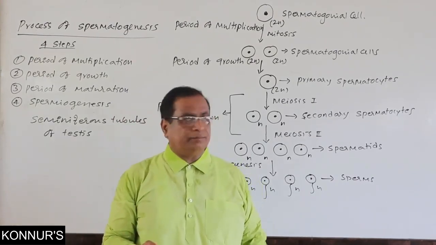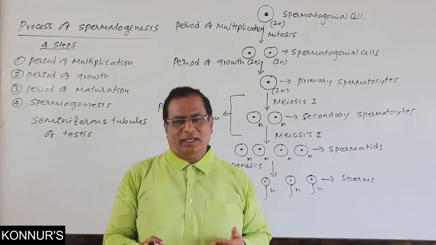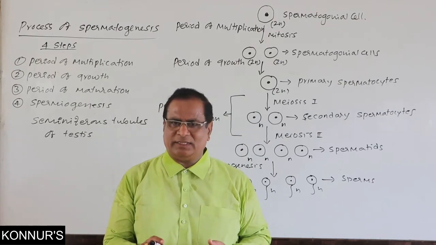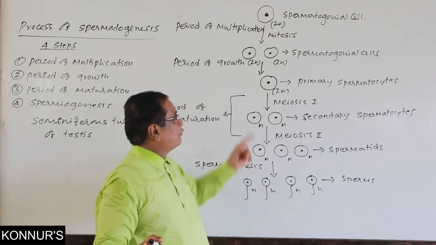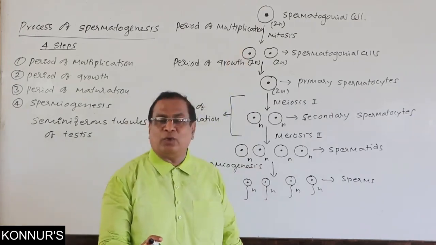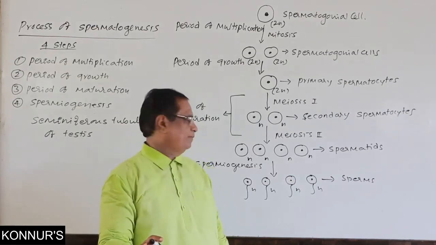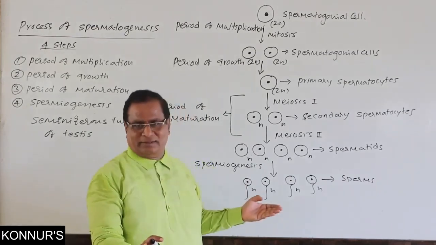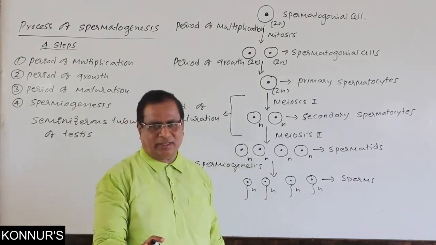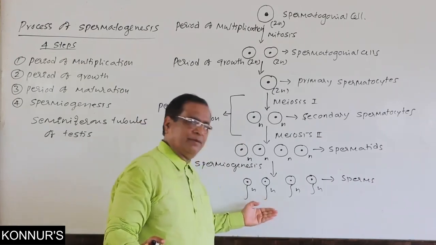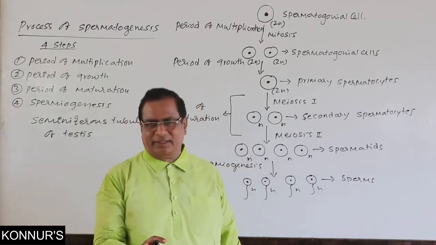Remember, the main process is spermatogenesis. The definition for spermatogenesis is the formation of haploid sperms from diploid spermatogonial cell in seminiferous tubules of testes. And what is spermiogenesis? It is a final step in spermatogenesis, where haploid sperms are formed from haploid spermatids.